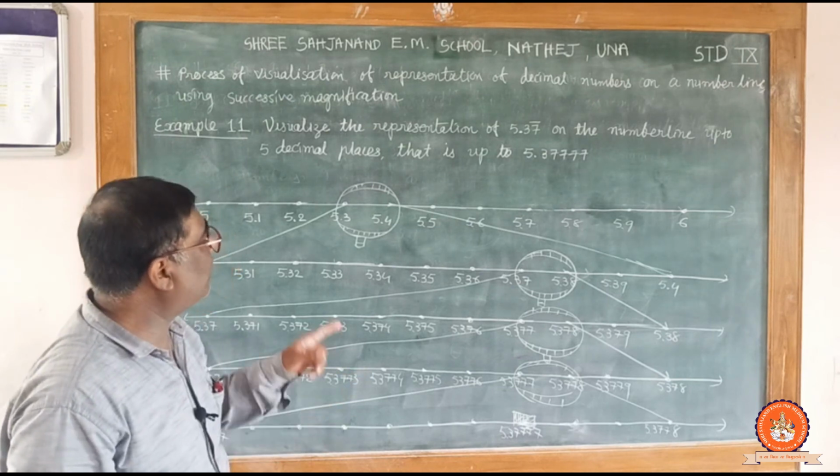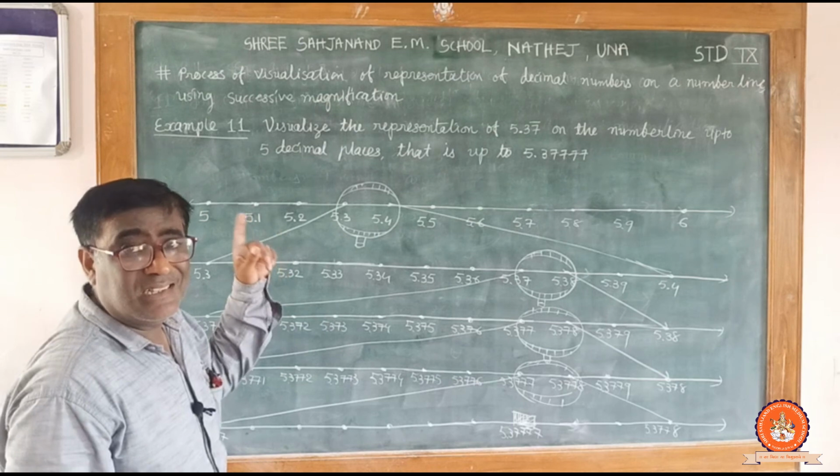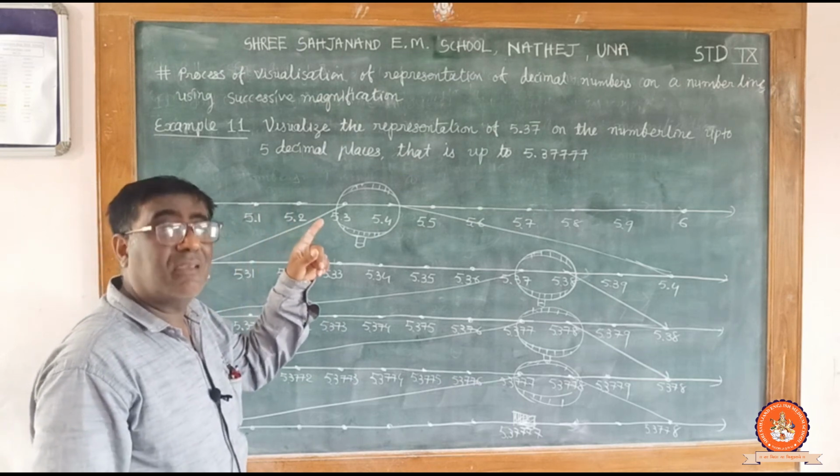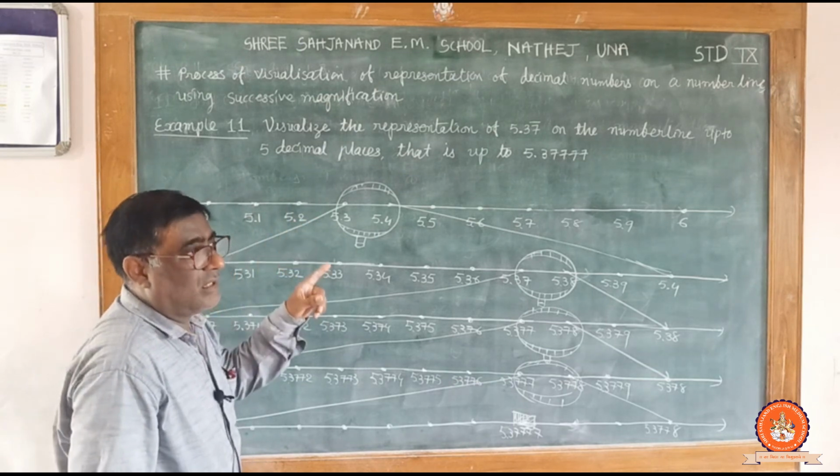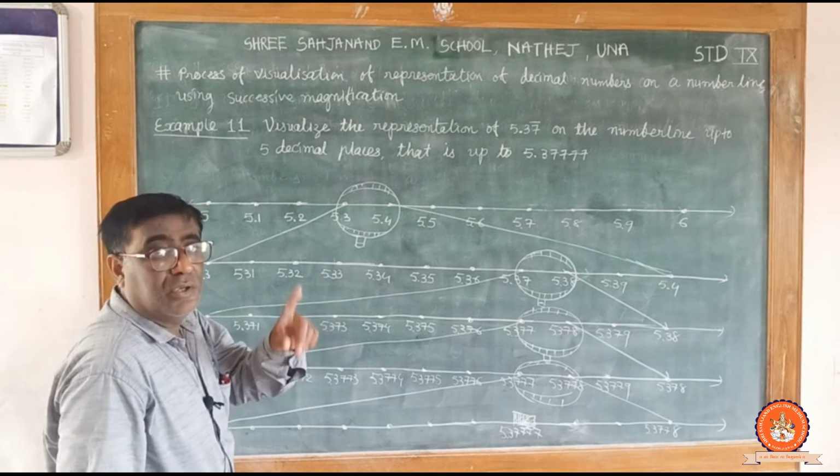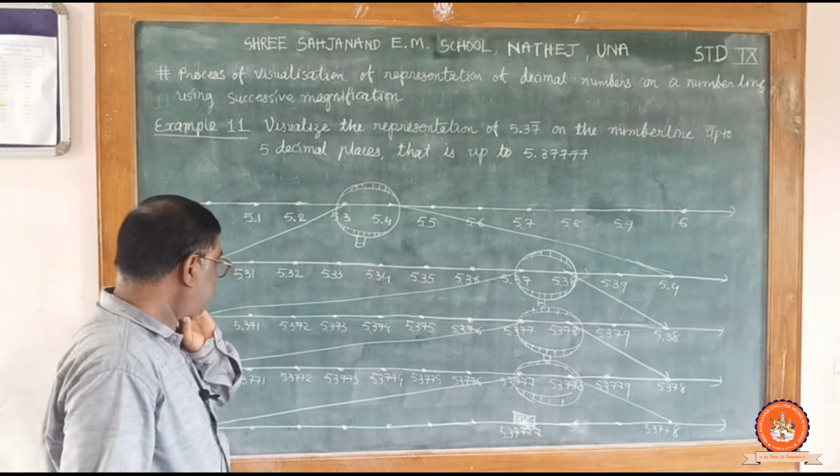So this is how we can visualize the representation of the given rational decimal numbers using successive magnification.